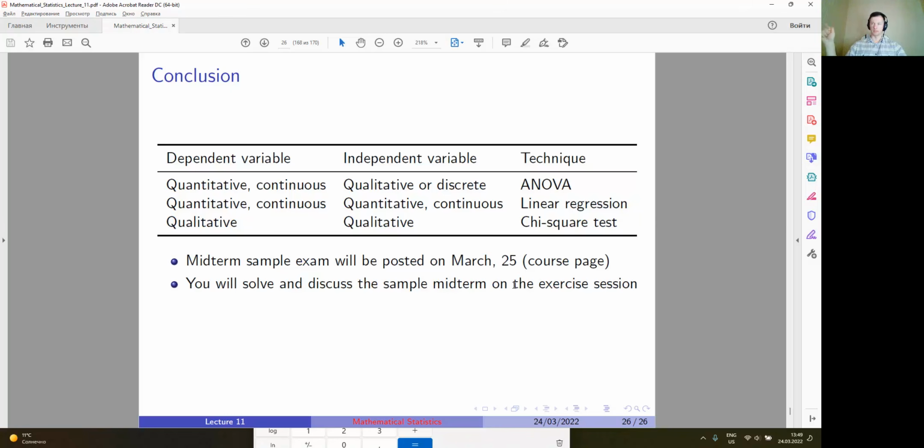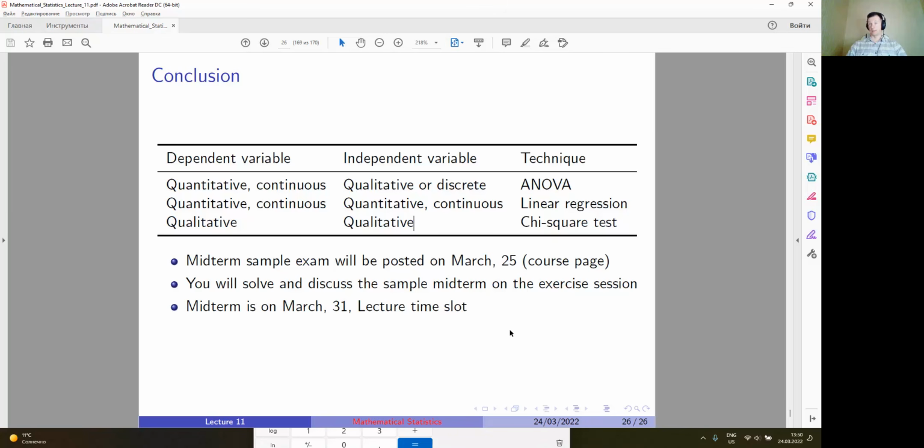On Monday there is some makeup, as I understand, and on Wednesday the usual one. On Monday you will go through the exercises based on this analysis of categorical data. And on Wednesday, you will go through the solution of this sample midterm. So we'll have a chance to ask some questions and clarifications, and you will see what the correct answers are. You can compare your solutions with the correct answers.